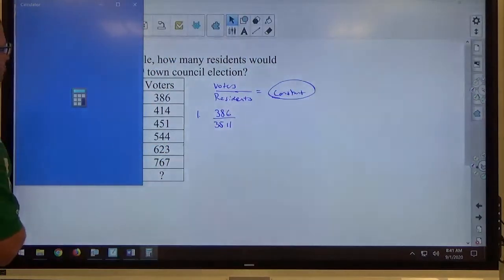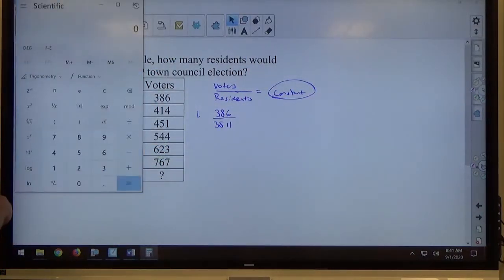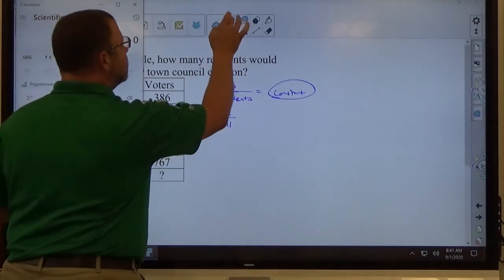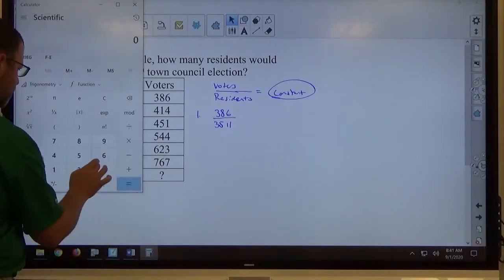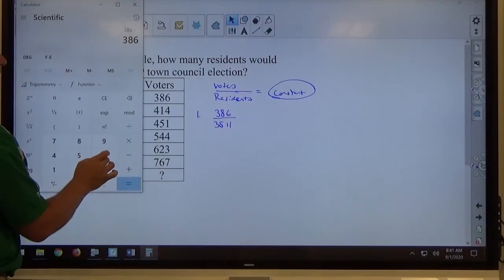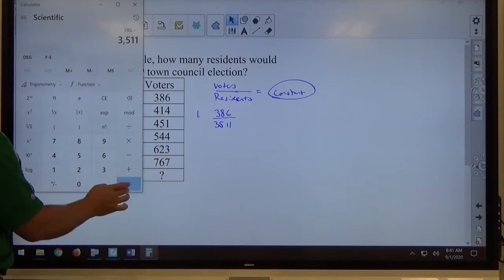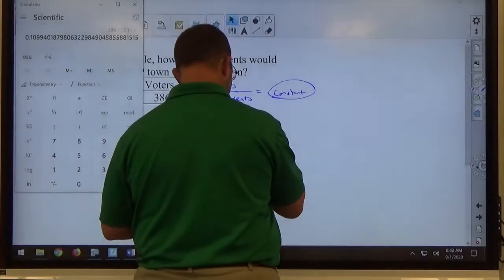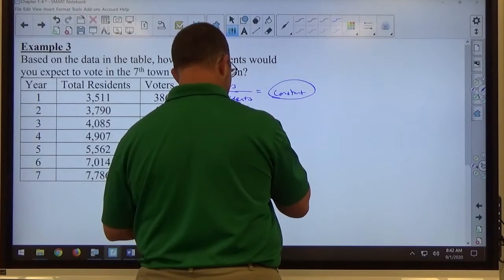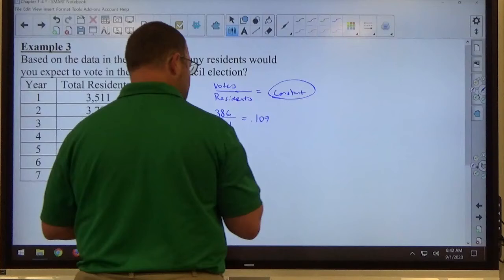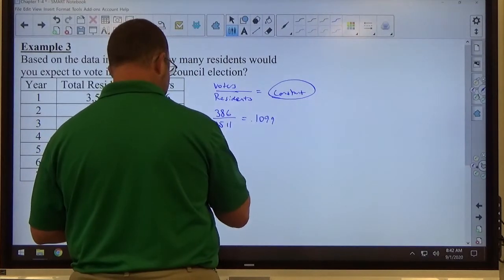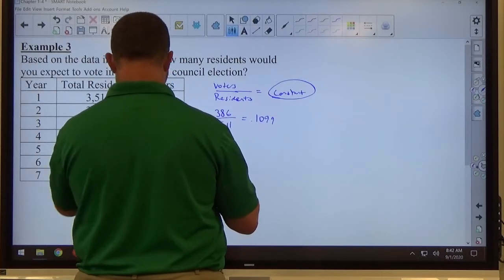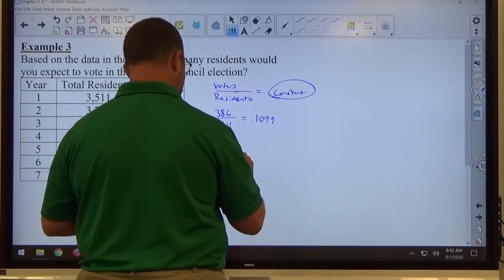All right. So we go 386 divided by 3511 equals 0.1099. In year two, we have 414 voters out of 3,790 residents.